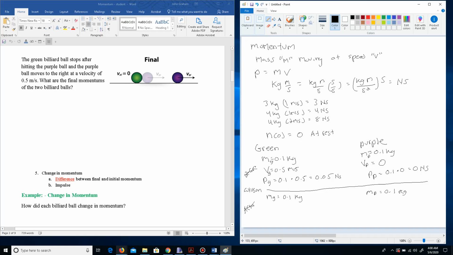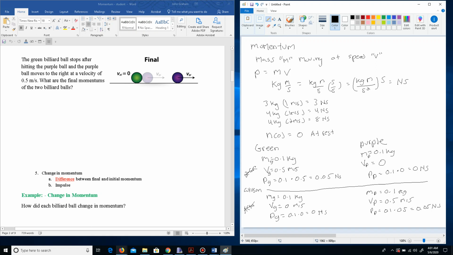The purple one gains 0.5 of the speed. So velocity of the purple is 0.5 meters per second, and the green one stops. So velocity of the green one is 0 meters per second. So now the green one is 0.1 times 0, which is 0 Newton seconds, and the purple one is 0.1 times 0.5, which is 0.05 Newton seconds.